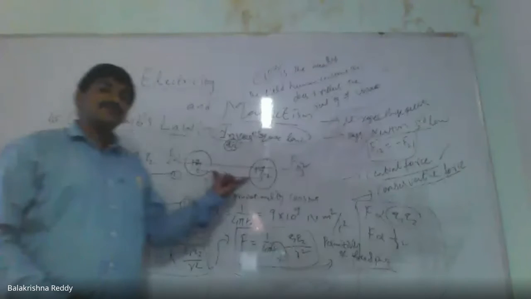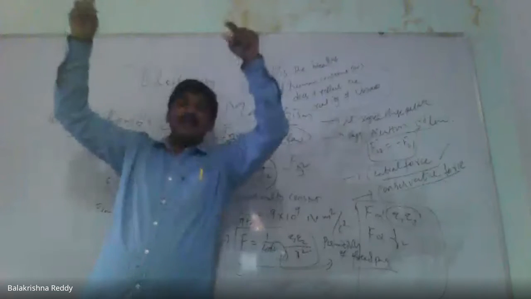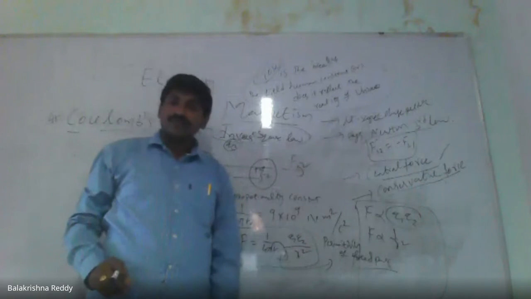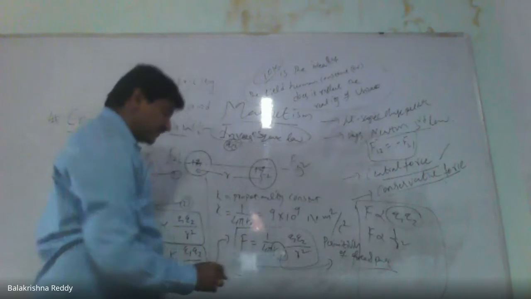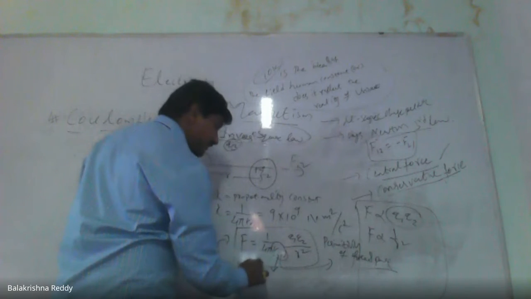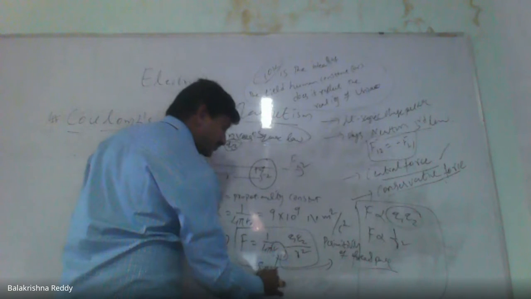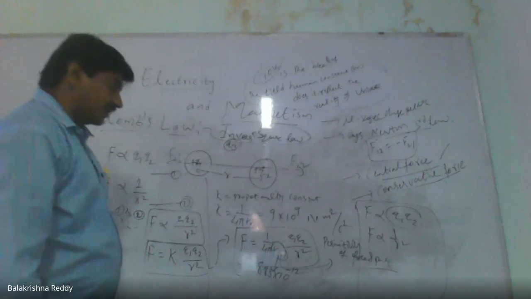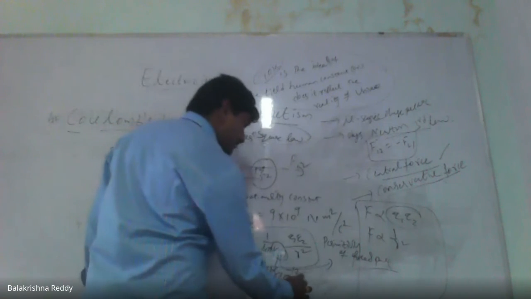For example, if these two charges are kept in air or in free space, then the value is epsilon naught. Epsilon naught equals 8.85 into 10 to the power of minus 12.